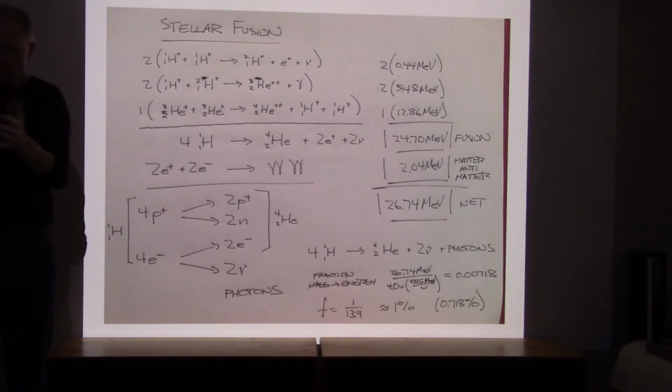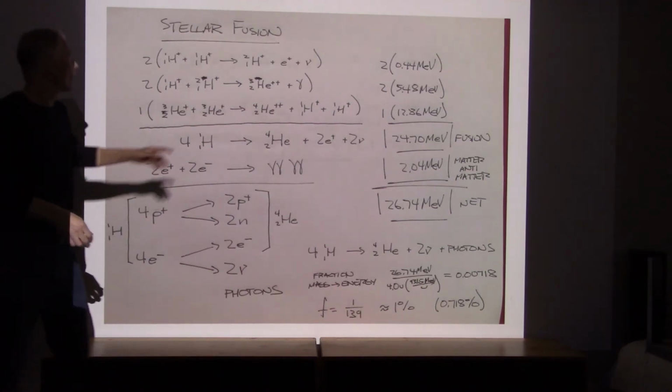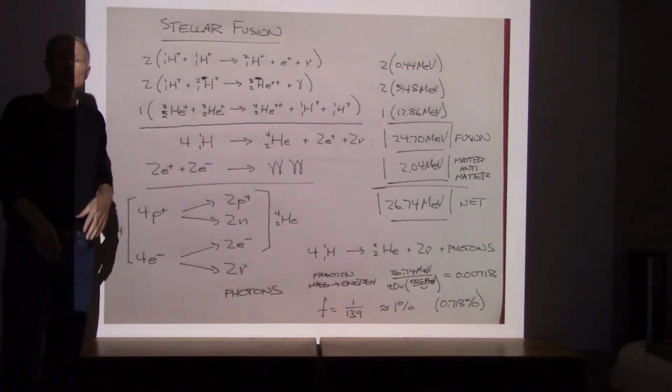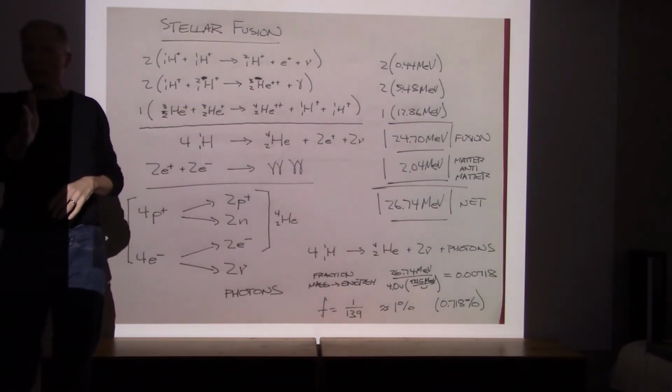If you look at those elements beyond helium, things like lithium, beryllium, boron, until you get to carbon, lithium, beryllium, and boron don't have the same high binding energies that helium and carbon have. So it creates kind of a barrier for these stars.